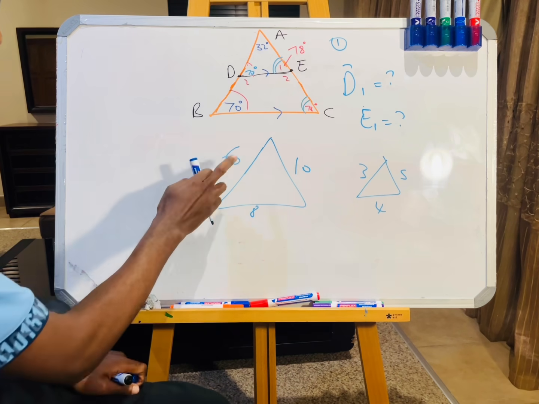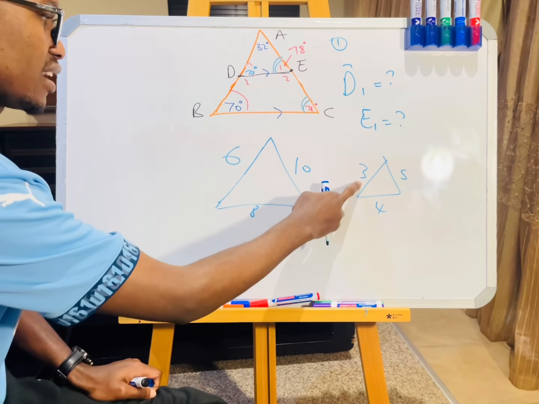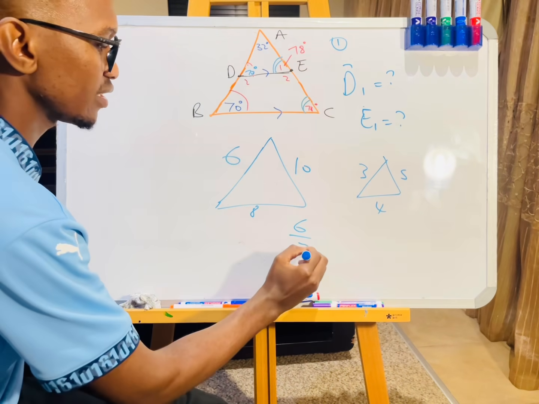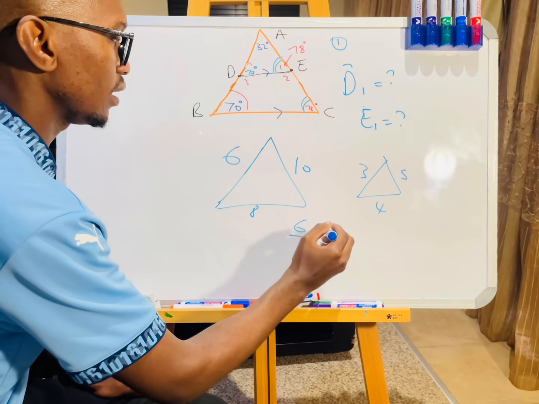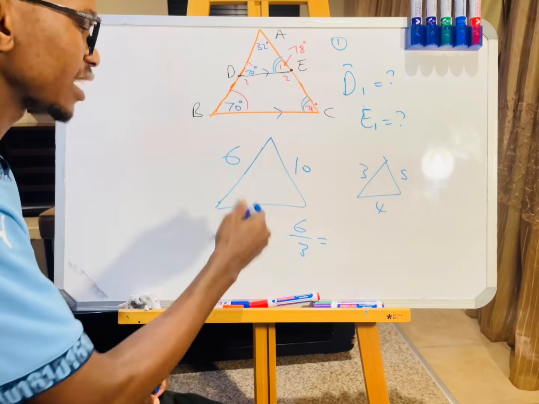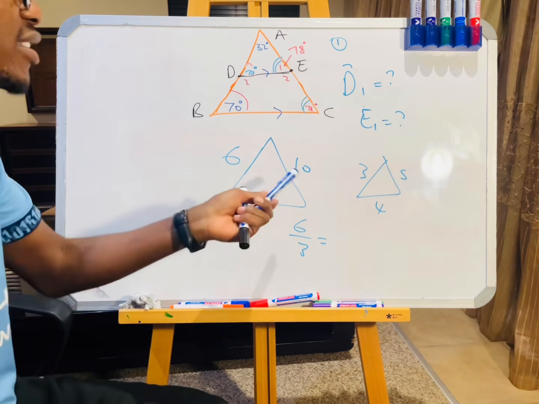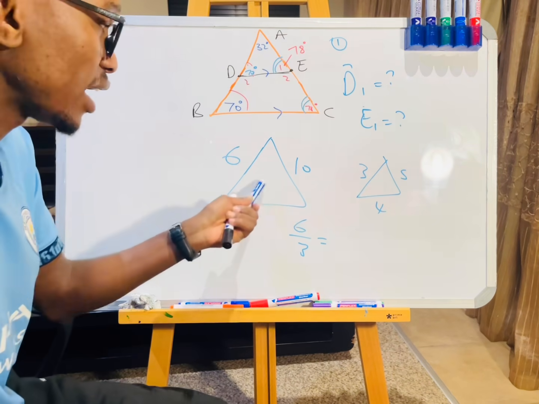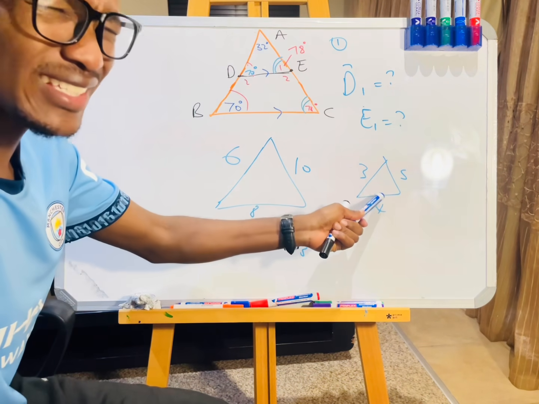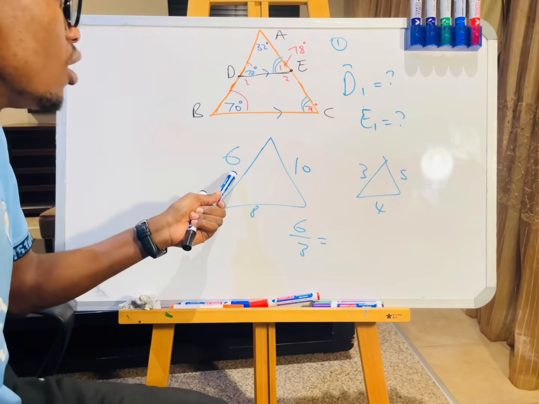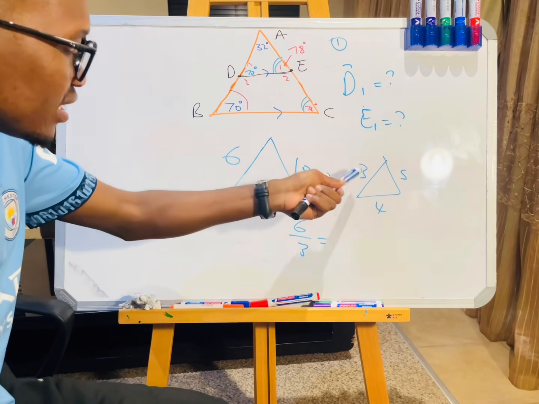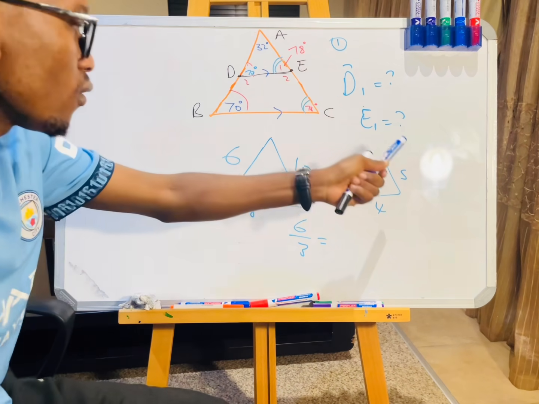When you divide this guy by this guy, it must be the same as when you divide this guy by that guy. So 6 over 3 must be the same ratio. That is the first reason. If these two triangles are similar, it's because their sides are in proportion, meaning the ratio when I divide this guy over this guy must be the same as this guy over that guy.